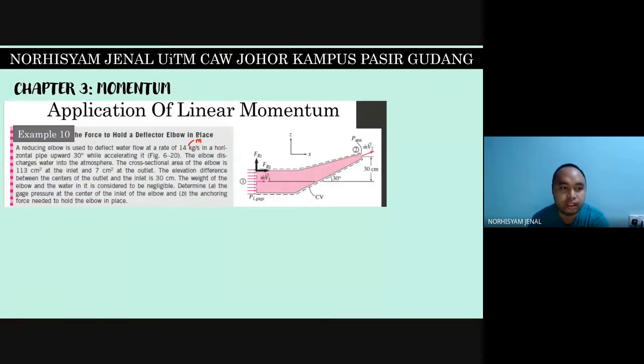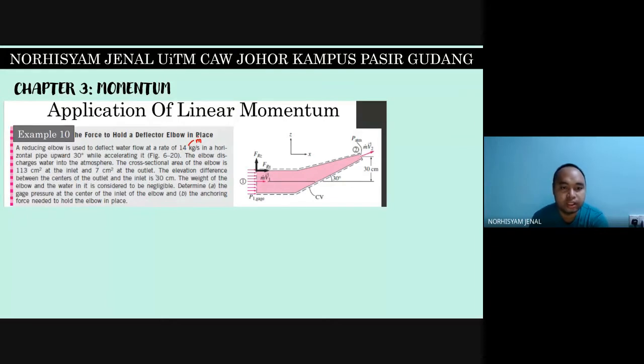In a horizontal pipe upward 30 degrees, so 30 degree over here, while accelerating it. The elbow discharges water into the atmosphere. The cross-sectional area of the elbow is 113 centimeters square at the inlet, point 1, and 7 centimeters square at the outlet, point 2.